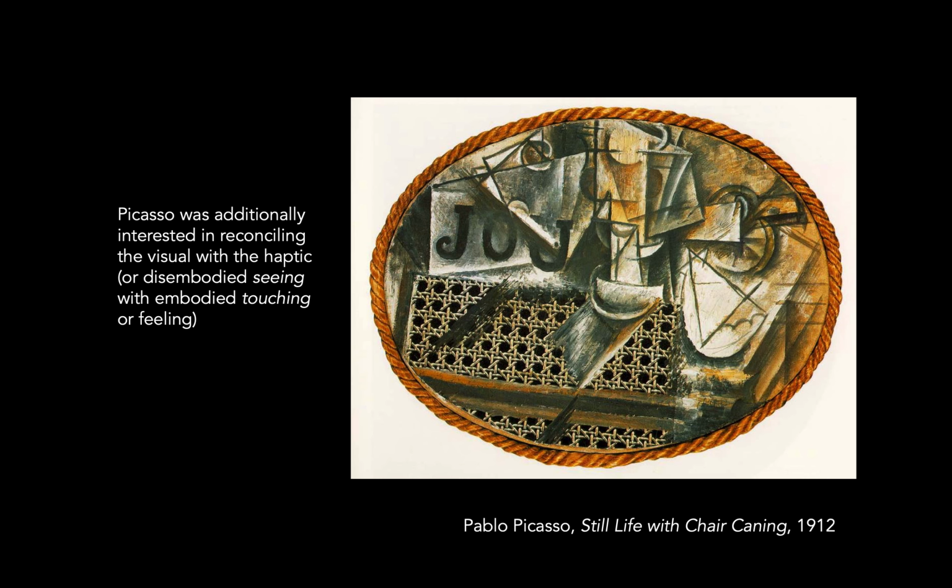You have this chair caning that would support you as you're sitting on the chair. So that's what this is, right? And then all of this is painting a still life with the journal, the newspaper in French, but you're only getting the "jour." They like to do these puns in these works, and then these fragmented cubist still life objects, so maybe like a candle or a bottle of wine or a glass and whatever.